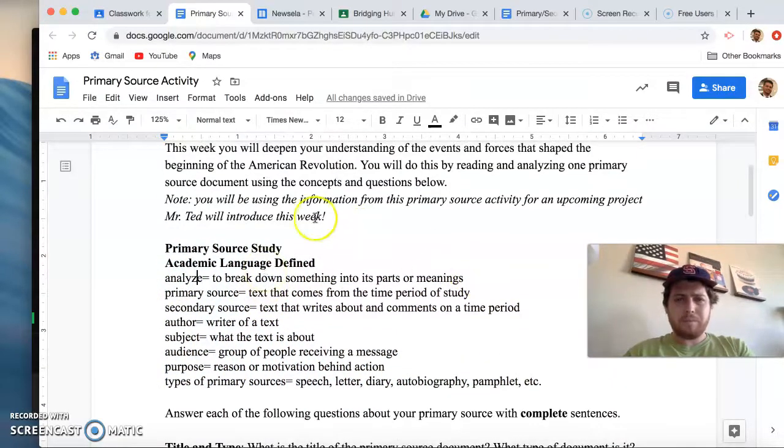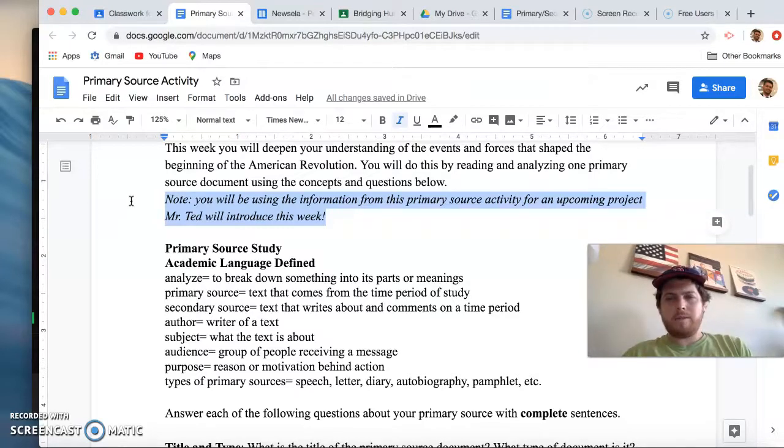As I note here, the reason that we're watching the documentary and studying these primary sources is I need you to have a foundation of information and knowledge about the early American Revolution in order to do the creative project that we'll be starting next week. So hang in there.